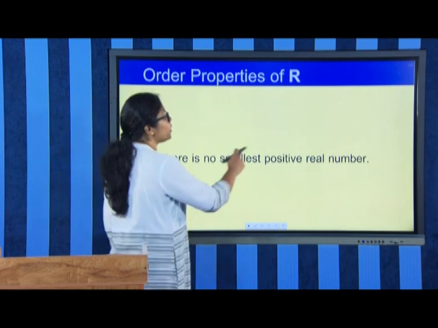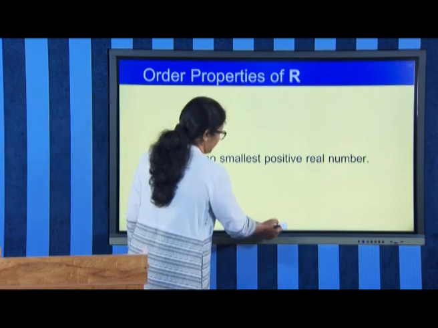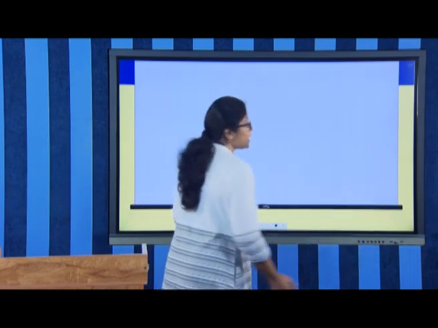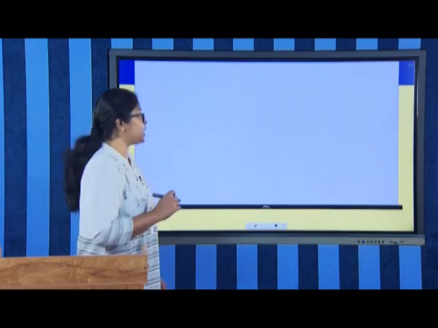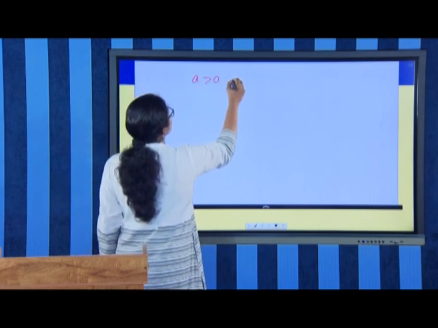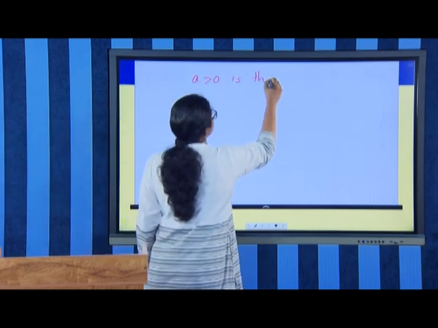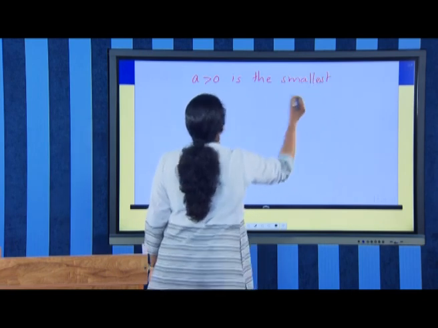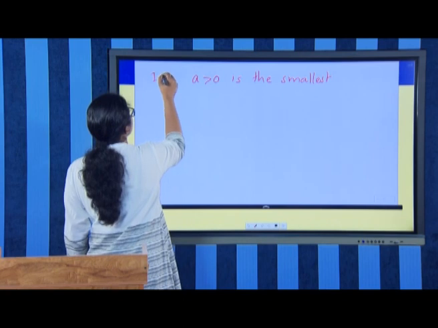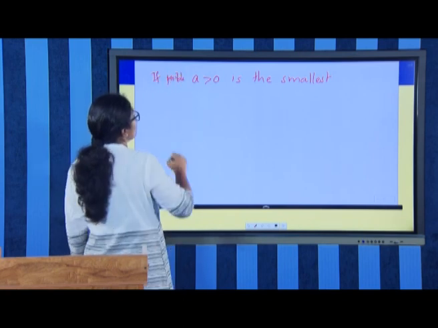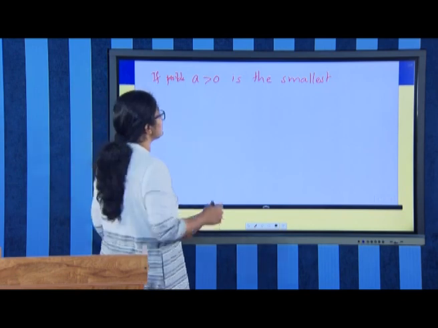There is no smallest positive real number. We can see why there does not exist such a smallest positive real number. Let us assume that A is the smallest, if possible. Let A greater than 0 be the smallest real number.